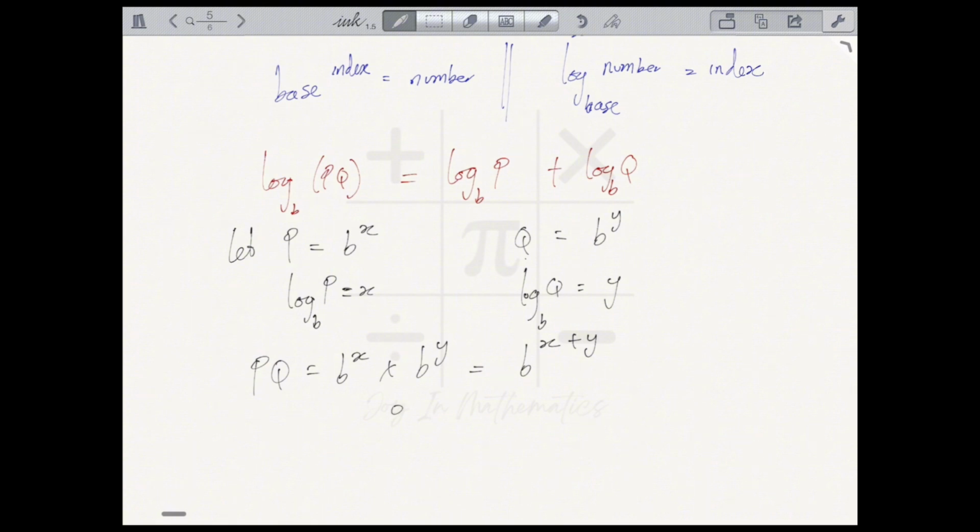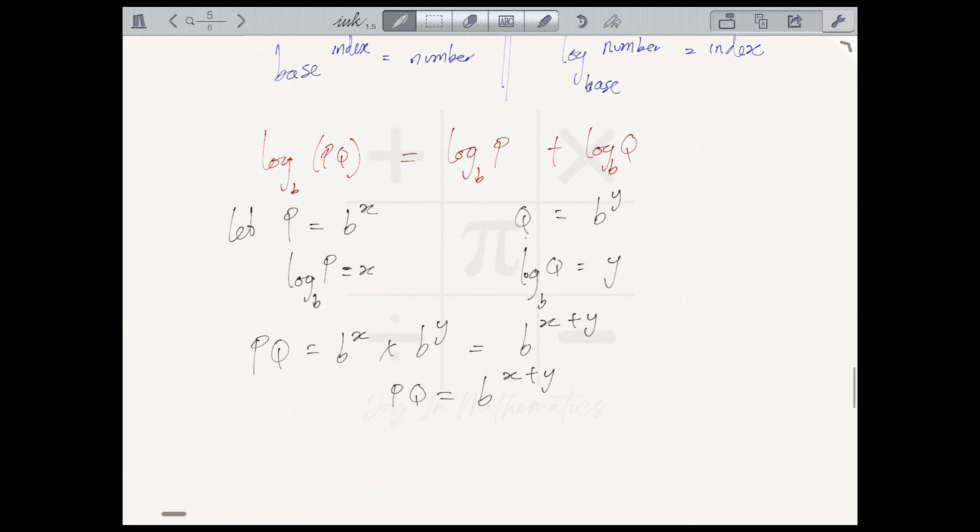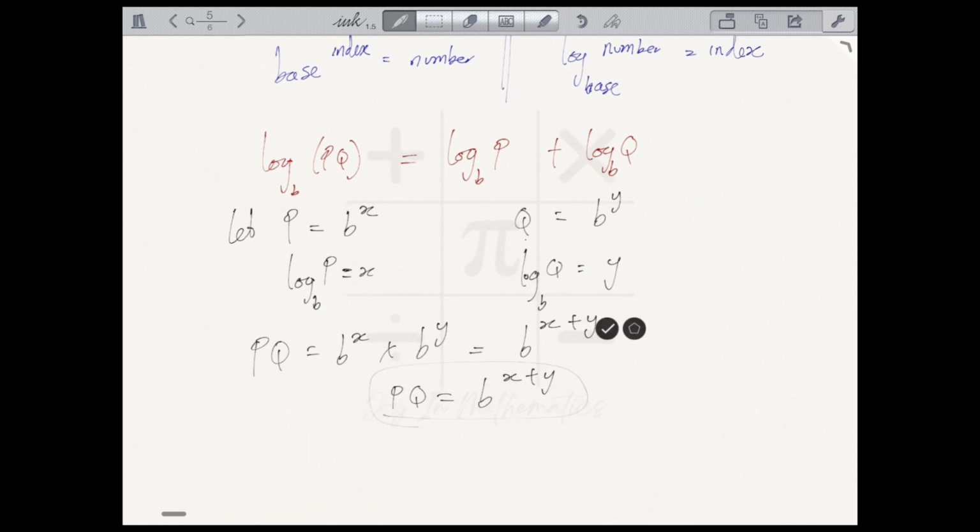Now, pq is equal to b raised to the power of x plus y, and this is also in index form. If you convert it to logarithm form, we have log pq to base b is equal to x plus y.